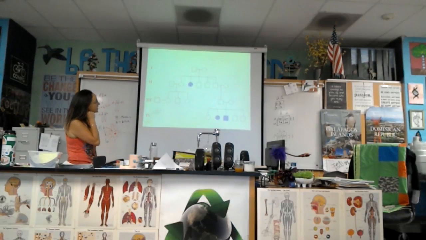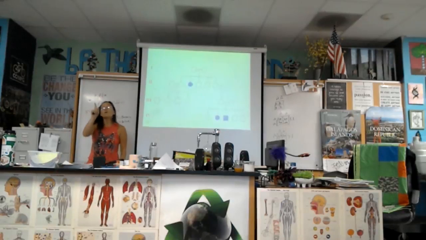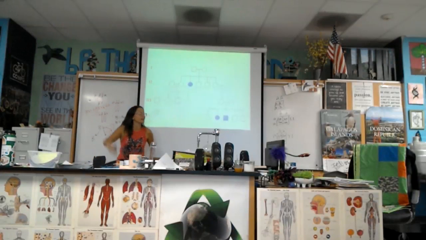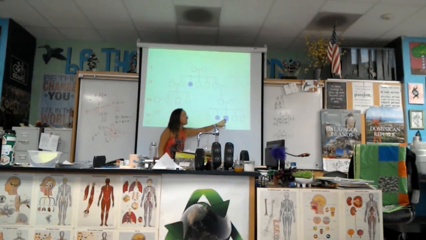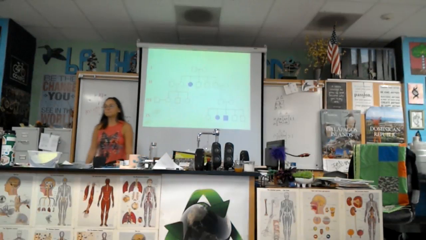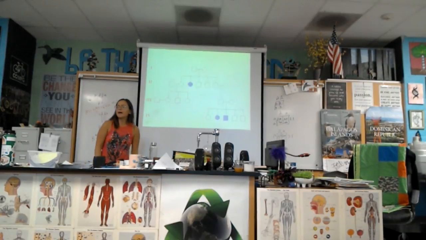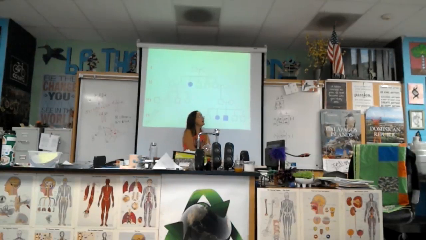But when we look at this here, do you know how this trait is inherited? Oh, and by the way, when I say how is this trait inherited, it doesn't matter what the trait is. Whoever's colored in is expressing that trait. So now, is this trait going to be a dominant trait? No. You're like, well, how would they know that? Let's pretend you think, well, maybe it's autosomal dominant, Ms. Neimeyer.